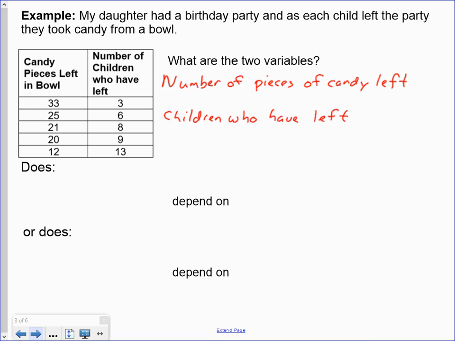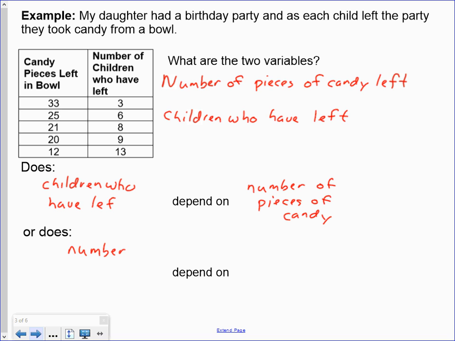So what I do is I ask myself, does the number of children who have left depend on the number of pieces of candy? Or does the number of pieces of candy depend on the number of children who have left?